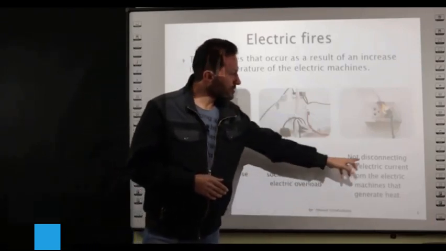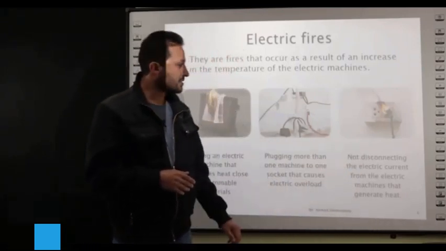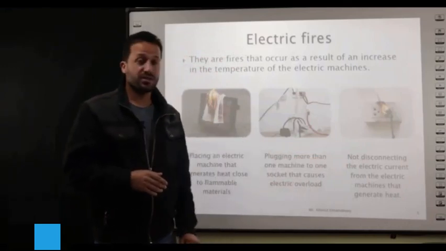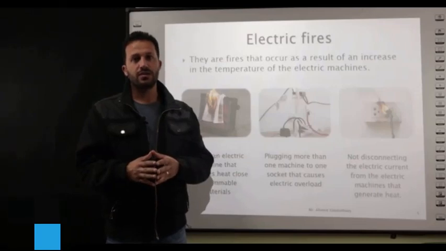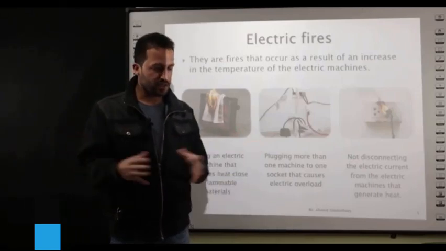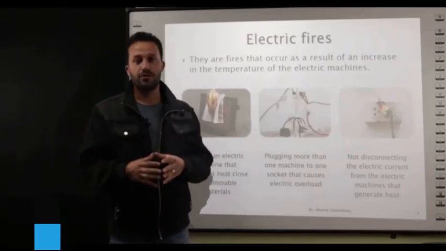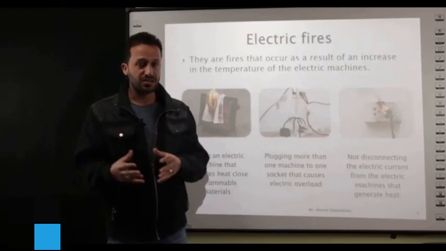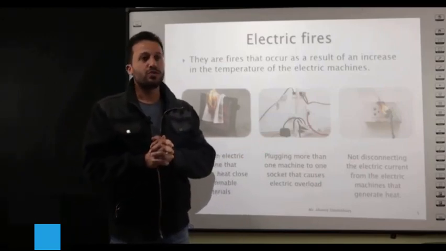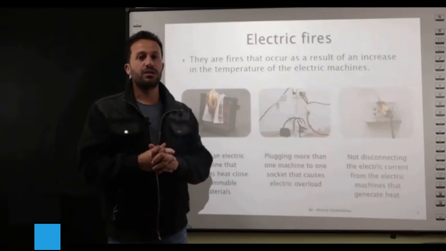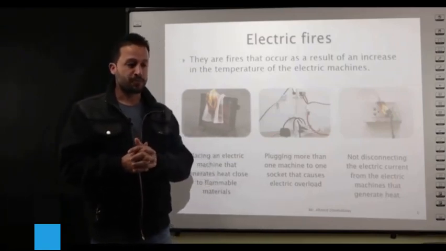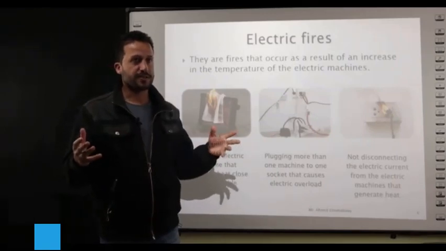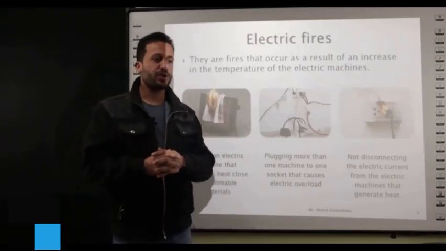Number 3, not disconnecting electric current from the electric machines that generate heat. After taking a shower in winter, all of us use some types of electric heaters or whatever to get warm, or when getting a bath, or something like a sauna.